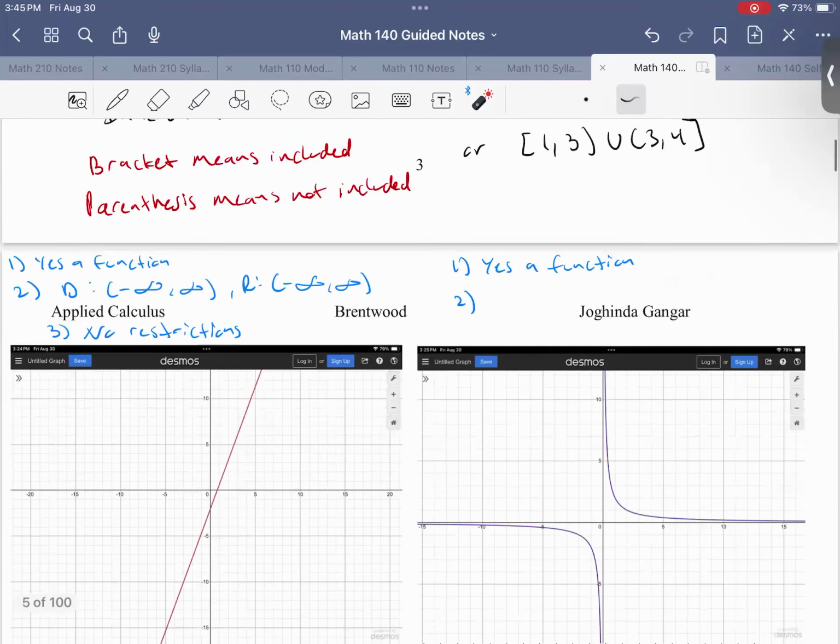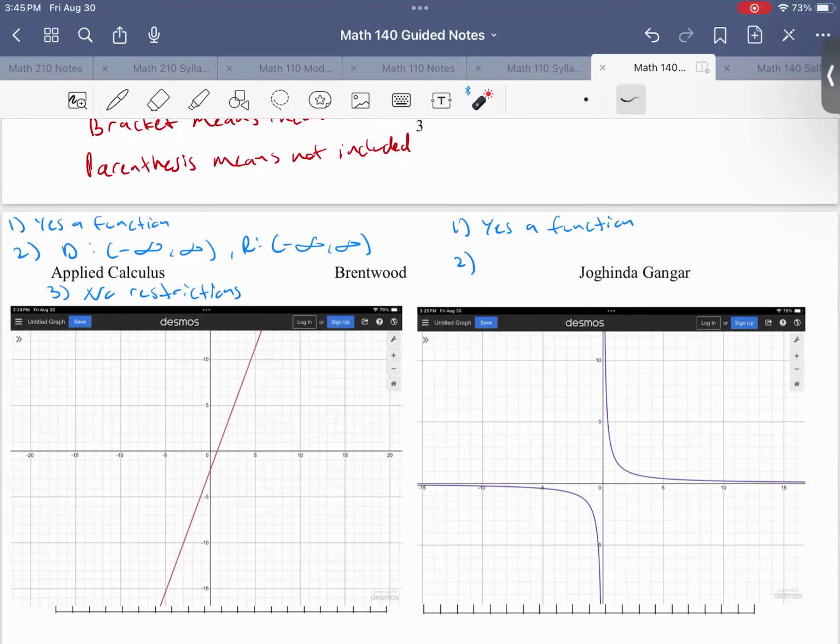So since we're coming from negative infinity for domain and we're stopping at 0, and then we're starting at 0 again and going on to infinity, our domain here would be negative infinity to 0, right? We're going to union that with 0 to infinity.